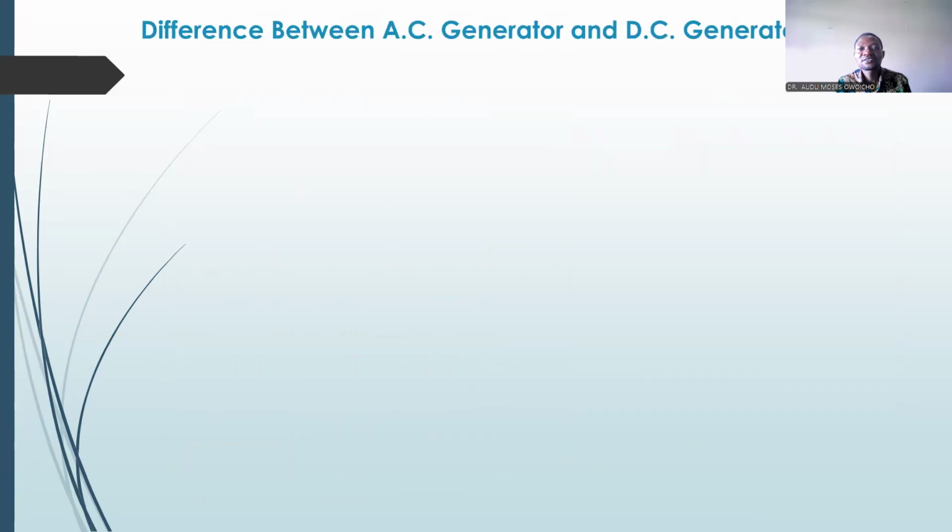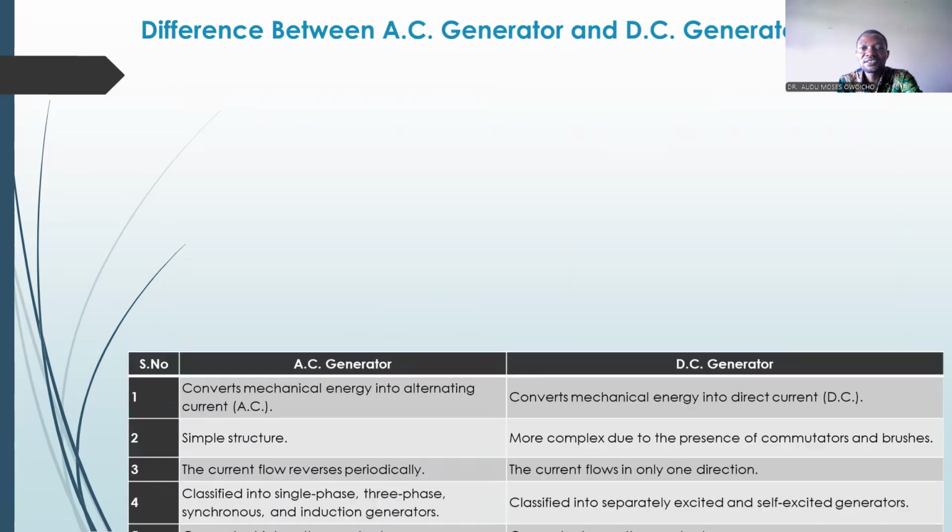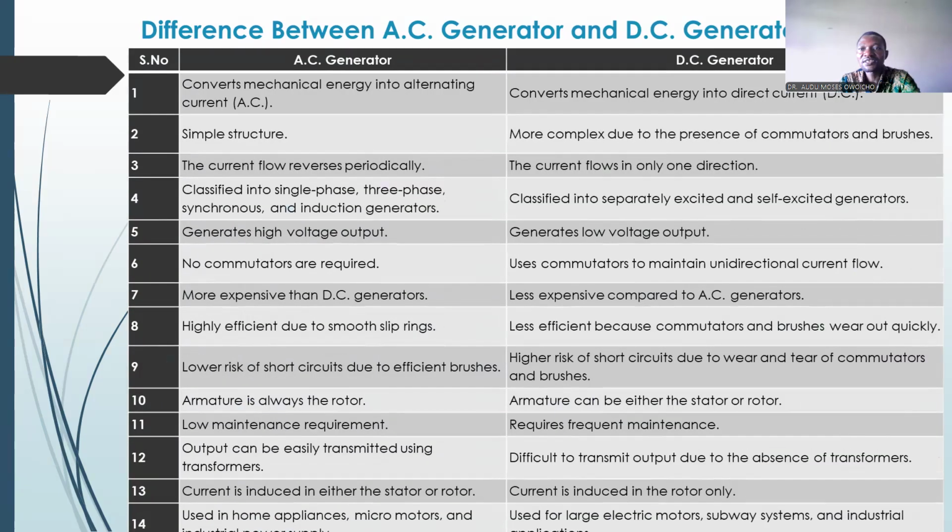Let's look at the differences between AC generator and DC generator. There are several differences. AC generator converts mechanical energy into alternating current, while DC converts mechanical energy into direct current. The structure of AC generator is simple, while that of DC is a complex one.